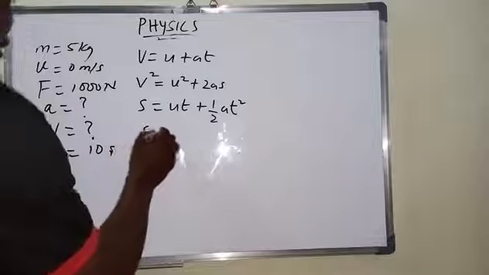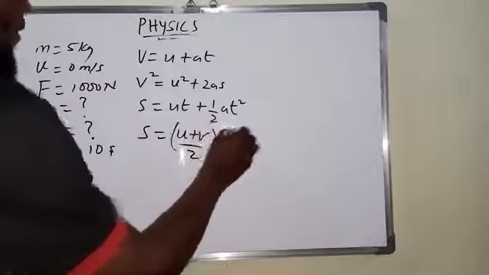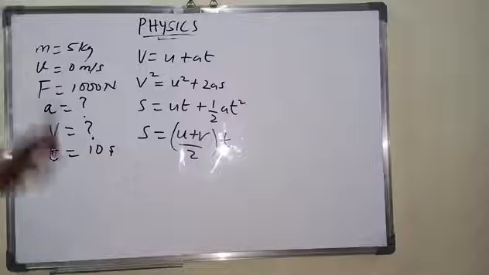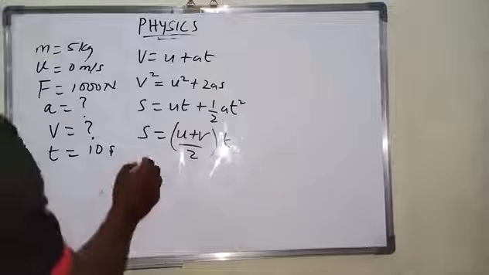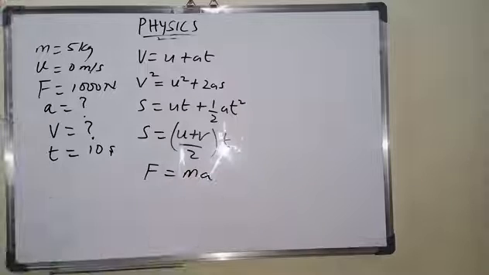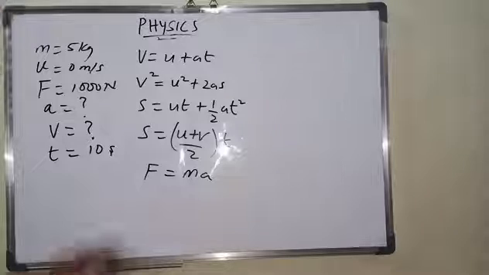I think we also have average velocity multiplied by time. Then because force and mass are involved here, force is related to mass by this formula: force is mass multiplied by acceleration. So we are going to use one or two of these to answer our question.